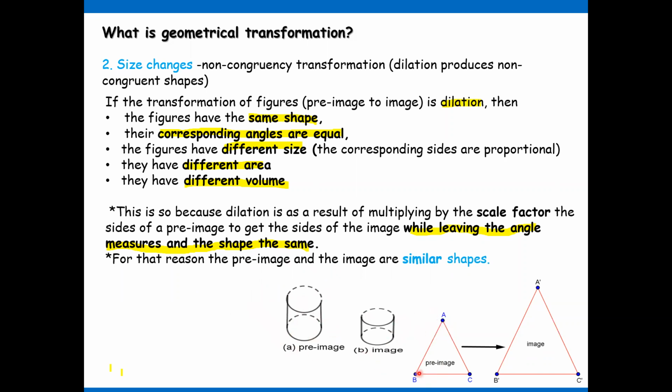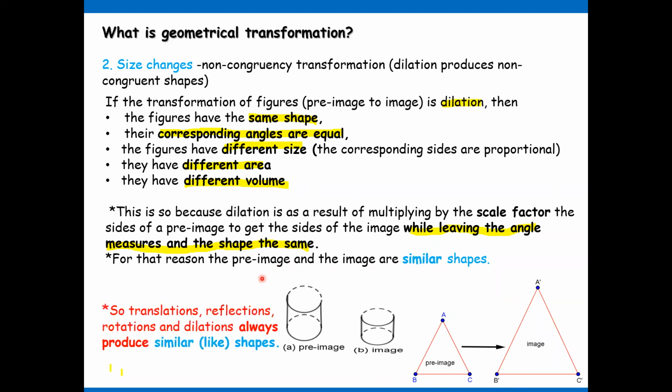The triangle ABC and A prime, B prime, C prime are similar shapes. Again, check the word similar is coming in, right? So we can now safely conclude that translations, reflections, rotations, and dilations always produce similar or like shapes.